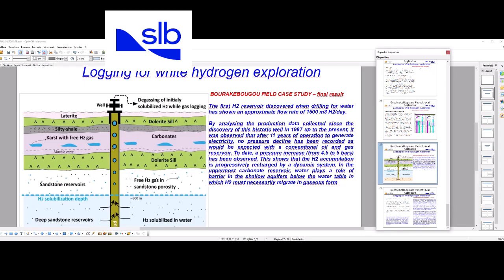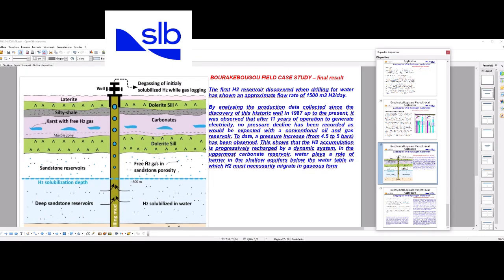The final results showed this situation, and the degassing of initial sulfide hydrogen in karst carbonate. In karst carbonate we have initial degassing of this, and we have a first dolerite seal that trapped all the free gas present in sandstone reservoir.